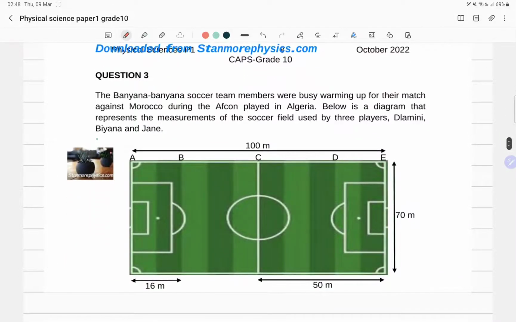Next question. The Banyana soccer team members were busy warming up for their match against Morocco during the AFCON played in Algeria. Below is a diagram that represents the measurements of the soccer field used by 3 players, Dlamini, Biana, and Jane.